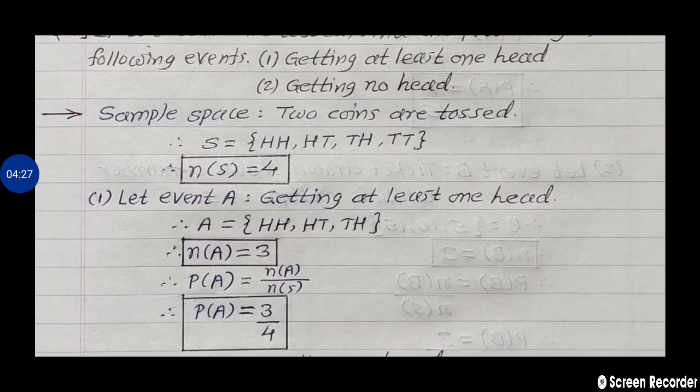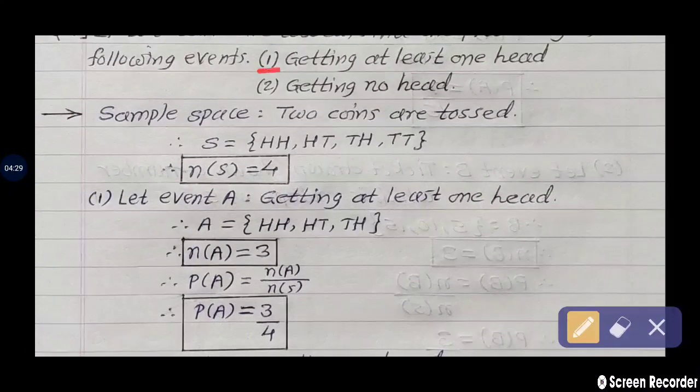We find the answer of the first event. What is the first event given in the question? Check here. Getting at least one head. We are considering a capital letter to show the event. So first, let event A be getting at least one head.